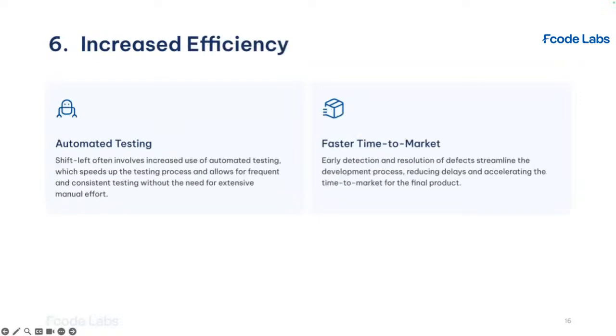And let's move on to the next advantage, which is increased efficiency. Using automated testing, we can increase the efficiency a lot. For example, if we have used traditional testing methods and used manual testing only in the product that is being developed, it will be a tedious effect for testers.